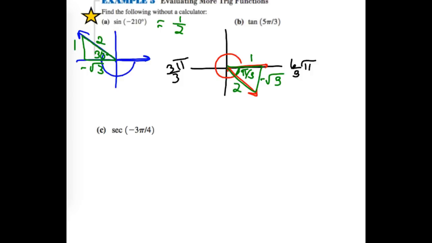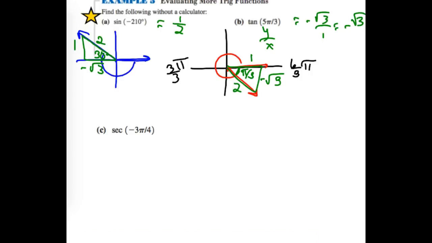And we want the tangent. Tangent uses which ones? Opposite over adjacent, or y over x. Tangent is sine over cosine. Sine is y, cosine is x. So y over x puts us at negative root 3 over 1, or just negative root 3.